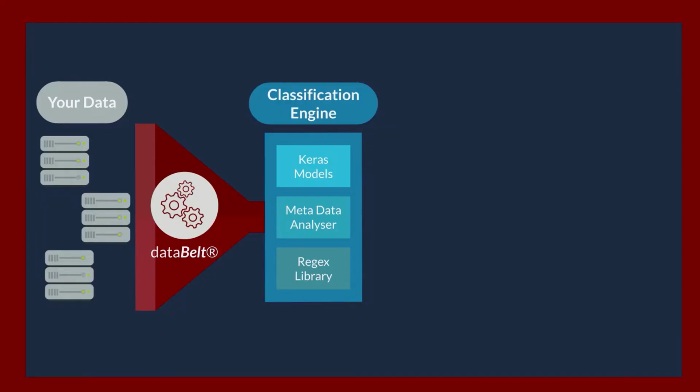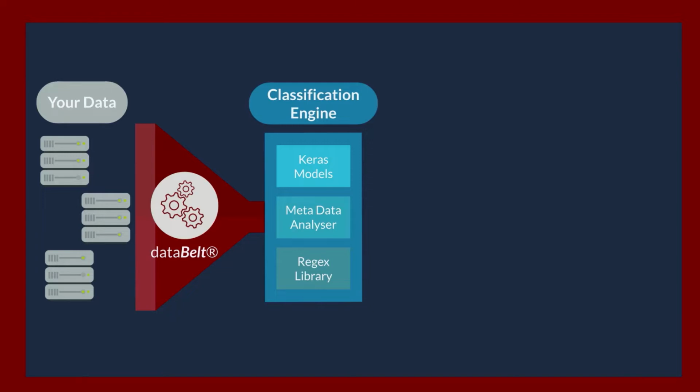Let's see then where our Keras models and regex library fit within our overall ROT process. On the left-hand side you have your data being fed through the DataBelt funnel into our first step, which is the classification engine. At this stage your data is being processed ready to compare against those models and the regex library. That involves an automatic processing of video data into frame-by-frame image data.